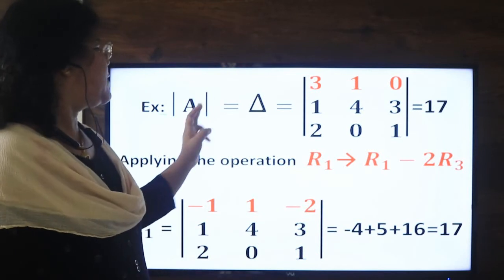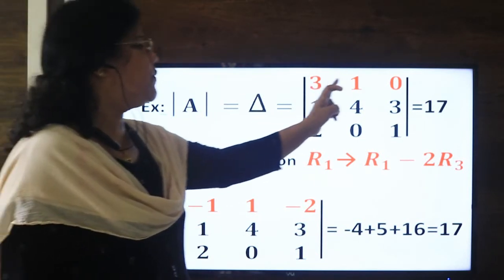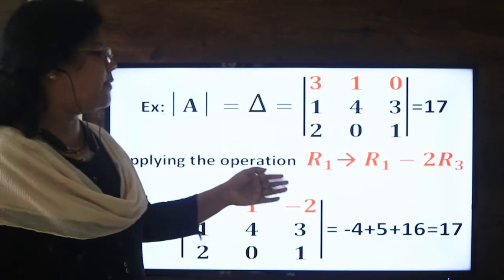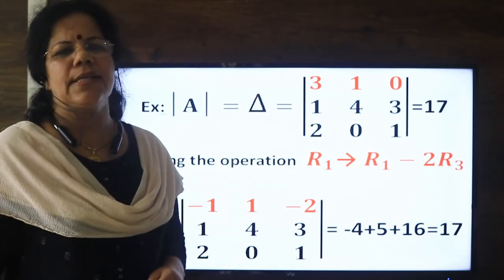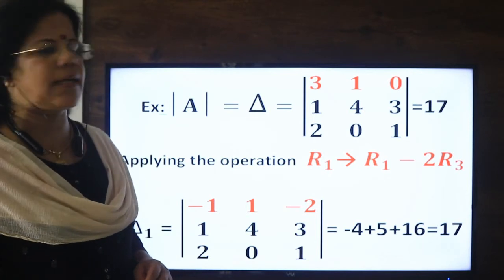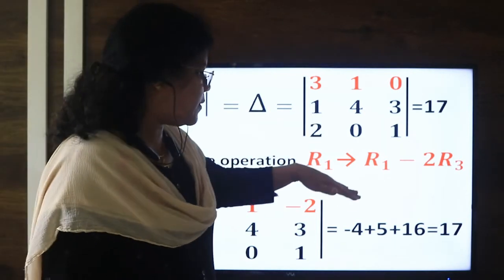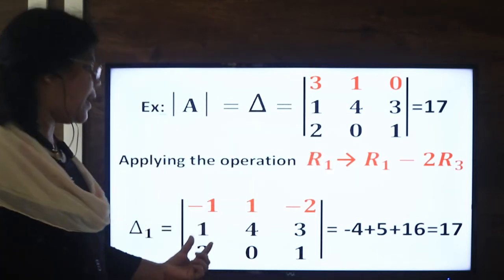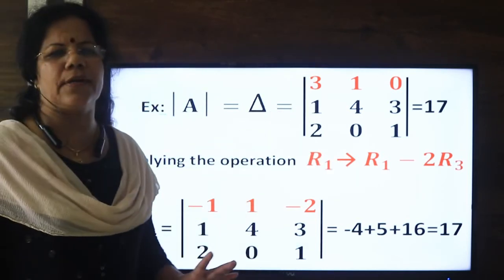Example, determinant A is equal to delta, and here the value is calculated as 17. What operation are we performing? You see, R1 changes to R1 minus 2R3. So we are changing only R1. R2 and R3 remain as they are, 1 4 3, 2 0 1.